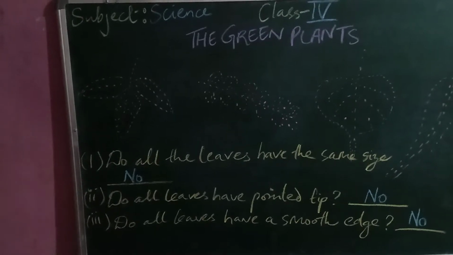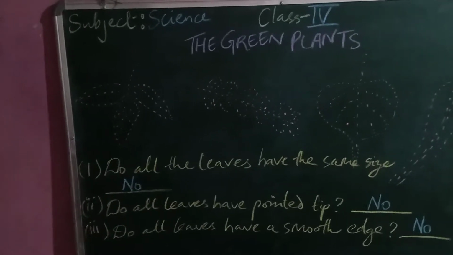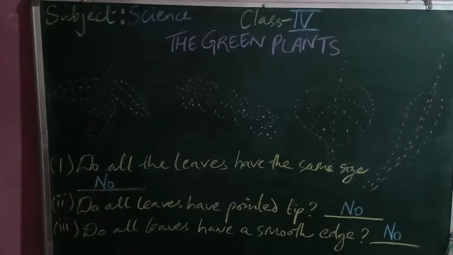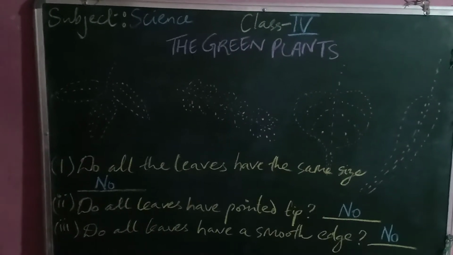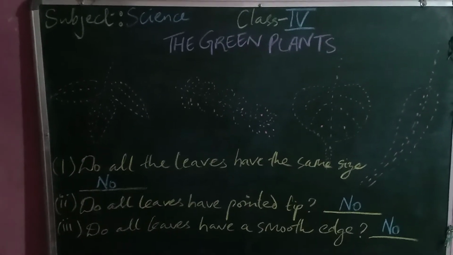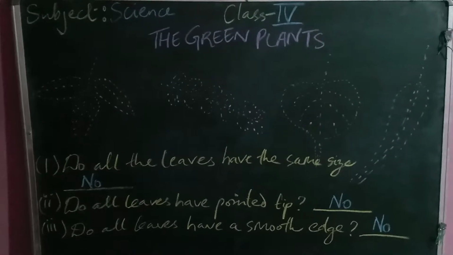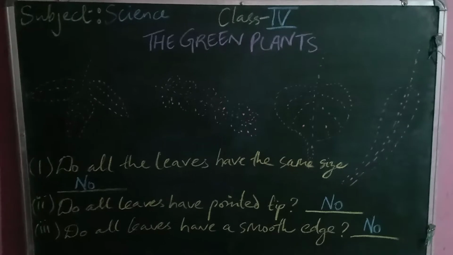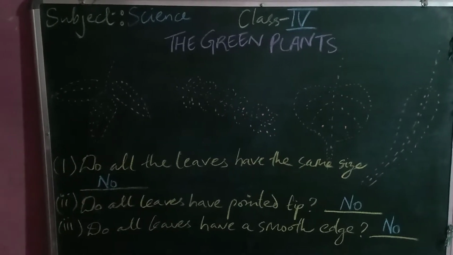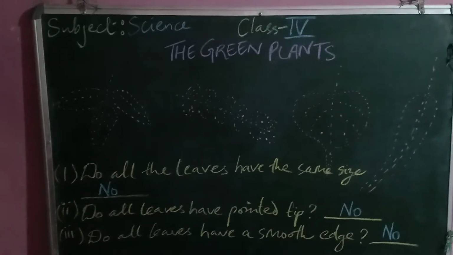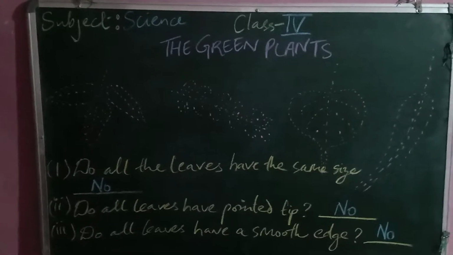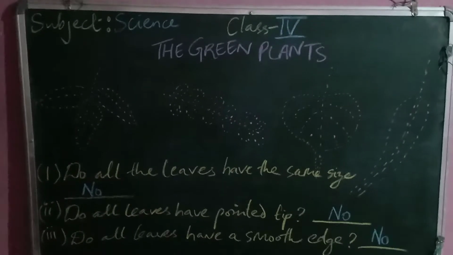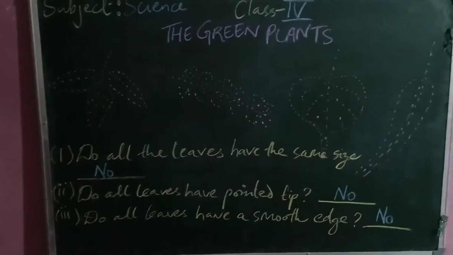Among all these, just one does, so we have to write no, not all have pointed tips. Then, do all leaves have smooth edges? No, not all leaves have smooth edges, so you have to write no here.